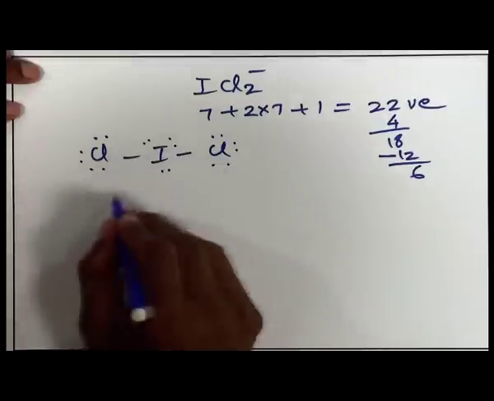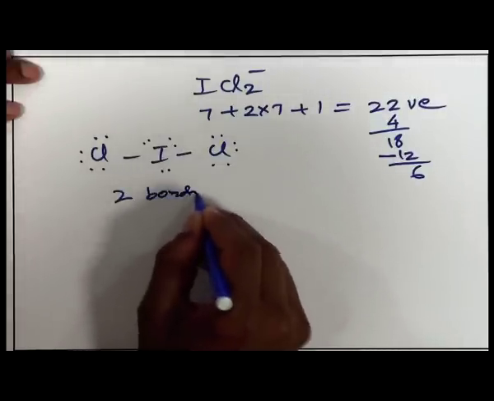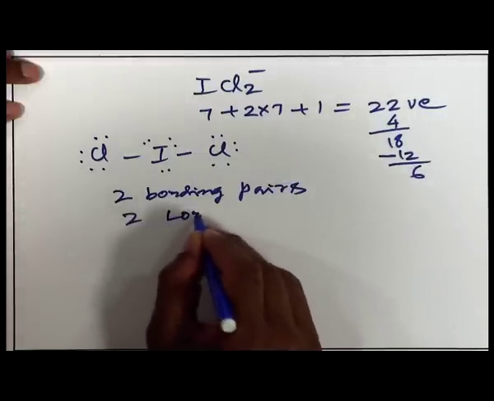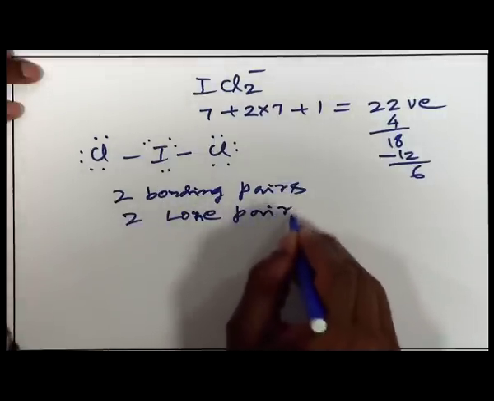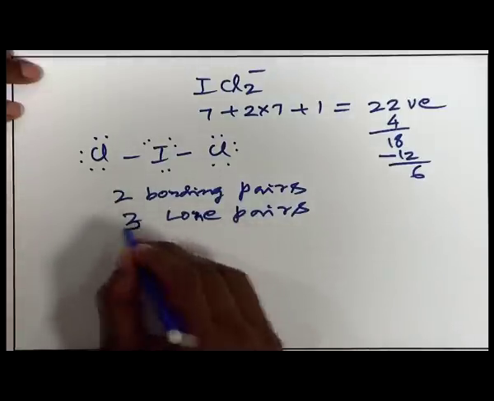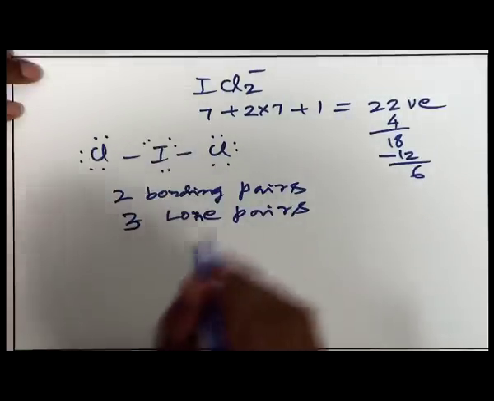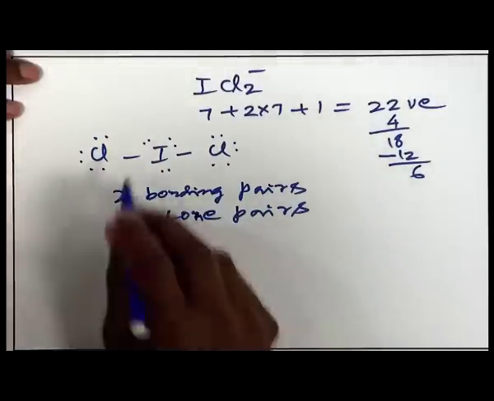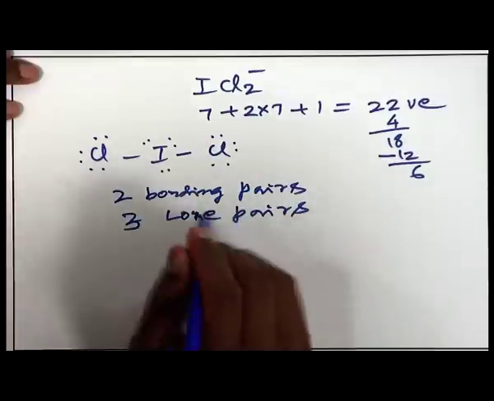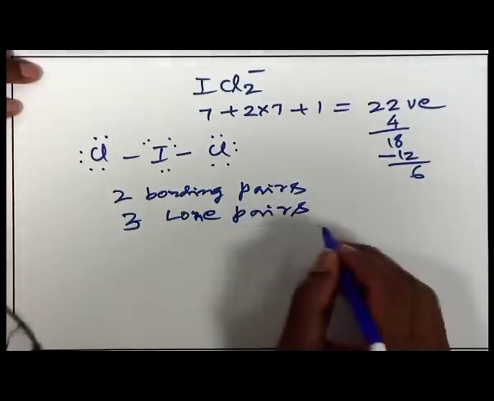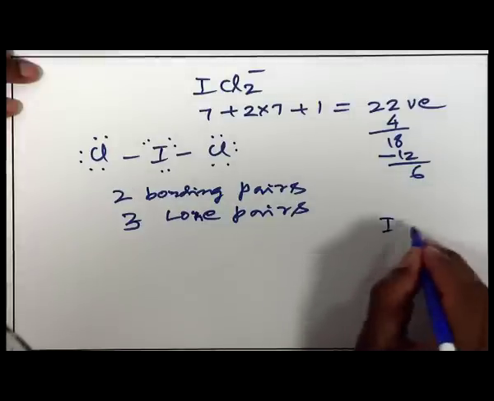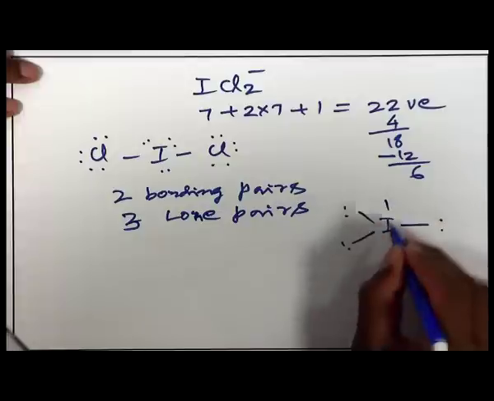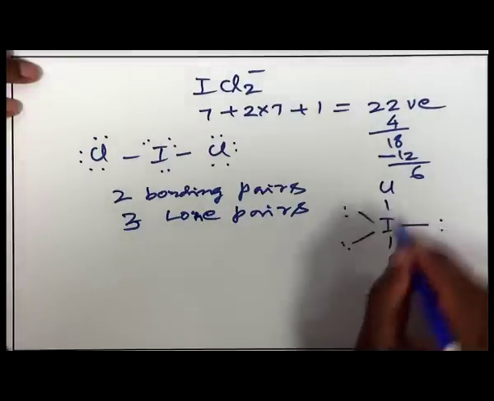So, this structure has 2 bonding pairs and 3 lone pairs, because 1, 2, 3 lone pairs, 2 bonding pairs. So, in total there are 5 electron pairs. That means the expected geometry for this molecule is trigonal bipyramidal, and then you can put the lone pairs in the equatorial plane around iodine, the lone pairs here and here and here, and then put the chlorines in the axial positions.